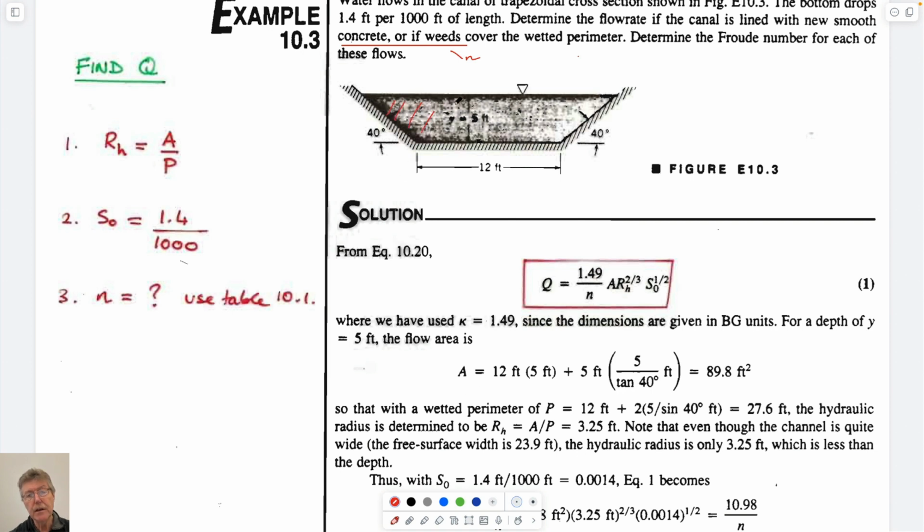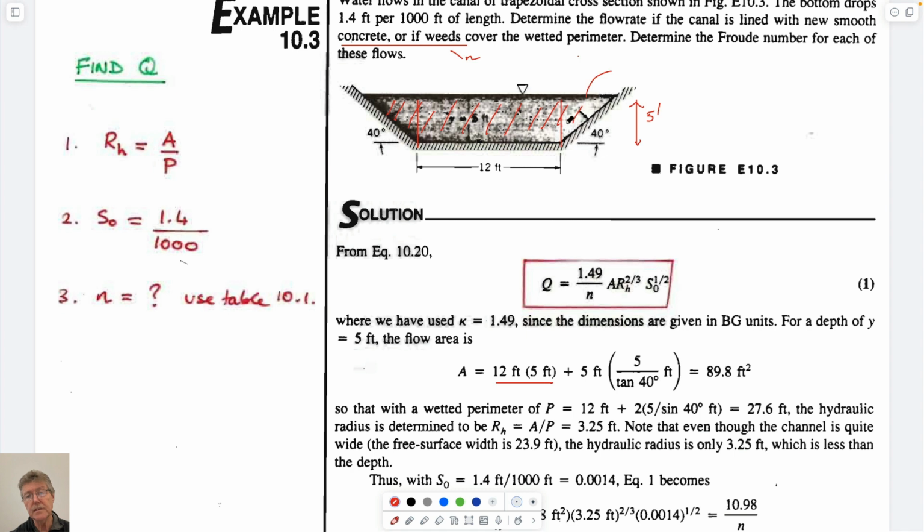The area of flow is just this full area here, which is going to be 12 feet times 5 feet. 5 feet is the depth. 12 feet is the width, so the area of this part in the middle is exactly this. The portion of this is going to be, you can get these magnitudes from the trig functions.